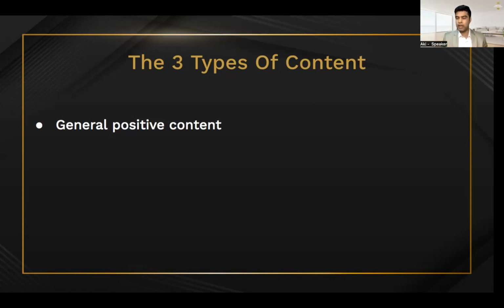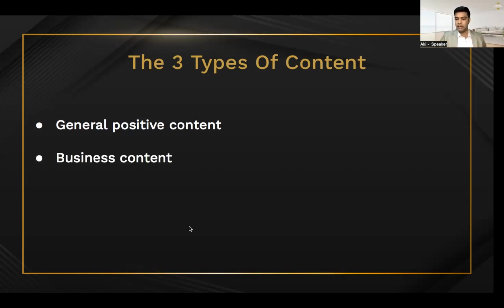This can be about sharing inspirational quotes, the people that you look up to. This can be about something you learned from your parents or from your boss or from your sister or your brother, or something about Women's Day, for example. It doesn't always have to be connected to your niche. It can also be general positive content, which talks about mindset, confidence, helping others, these kinds of things.